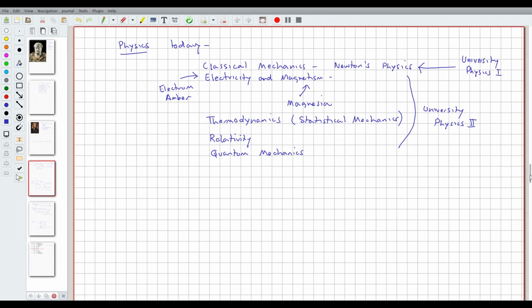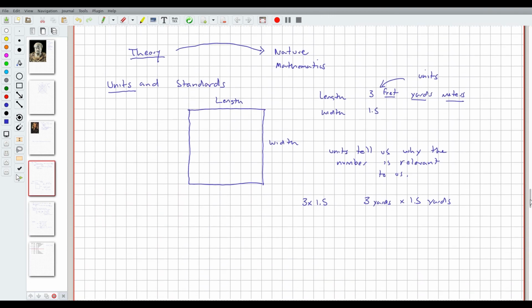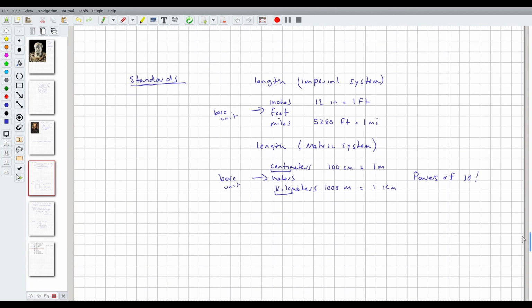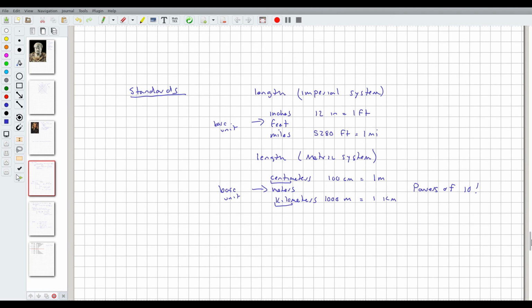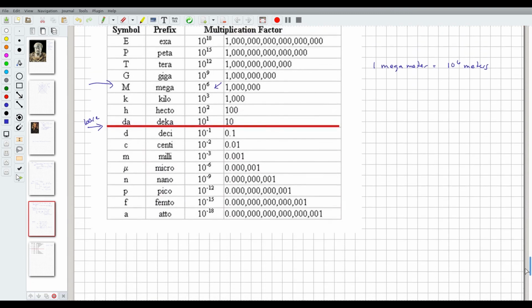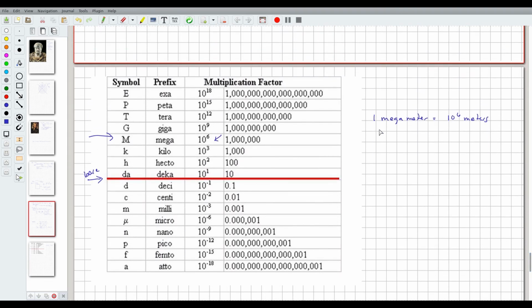You have all these complicated conversions here, right? But in the metric system, it's just powers of 10. And that's something that you can very easily look up. And that's one of the reasons why in the sciences we prefer the metric system and not the imperial system.